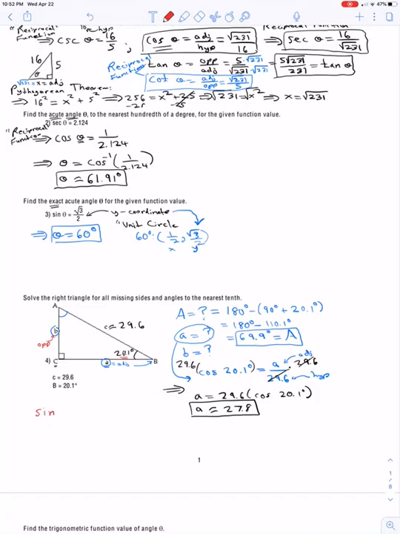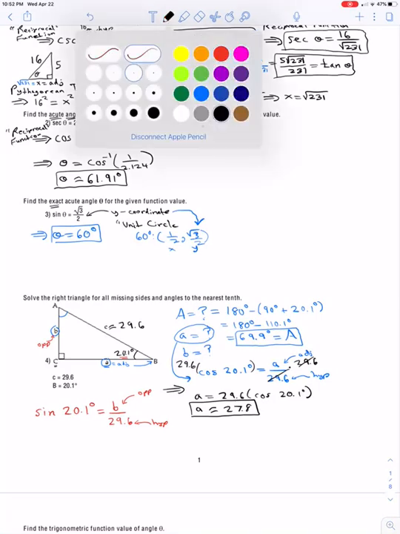So if I ask you what's the sine of angle B, 20.1 degrees, it's equal to the opposite side, which is B units in length, divided by the hypotenuse. So again, there's my definition. Opposite over hypotenuse. And then I can go solve it, right?